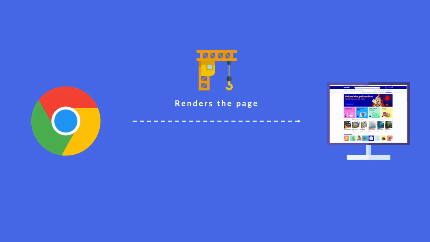What's important to realize is that during this process where the browser is rendering the page, it's going to identify certain links, some references to other files like JavaScript, CSS, images. It goes out to the server and requests those. And then it also takes those files into consideration when rendering the page.